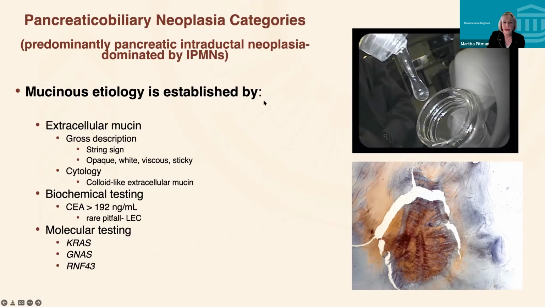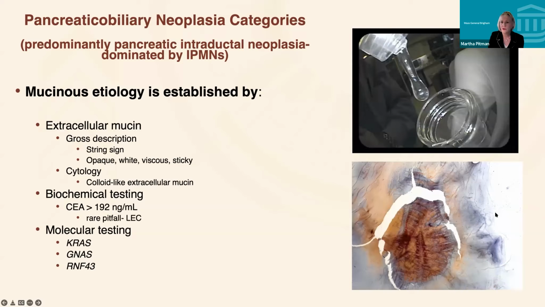So mucinous etiology is established by the evaluation of the extracellular mucin, which can be done grossly. Thick, sticky, opaque, white fluid that gives you a string sign. You can string it between your fingers, or you can smear it on a slide and it's slick and sticky.